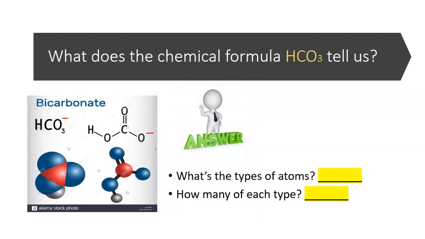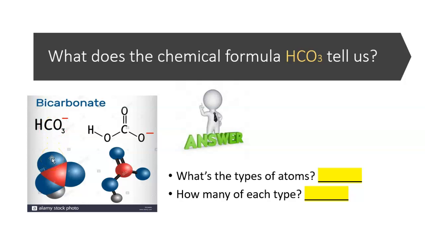So for practice, how many types of atoms are in bicarbonate? Well, let's count. So there's 1, because that's a hydrogen. That's 2, because there's carbon. And 3, because there's an oxygen. So there are 3 different types of atoms in bicarbonate.